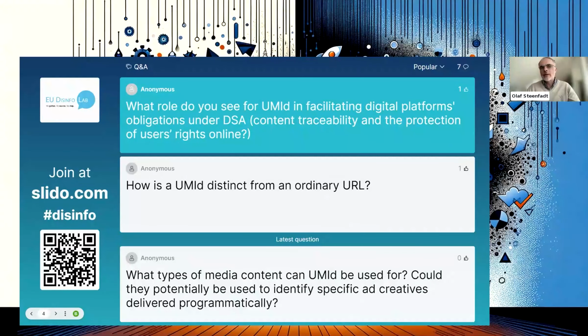So when platforms, for example, report on their code of practice commitments and it comes to mitigating risk, it's always a question of scaling moderation, scaling fact-checking.